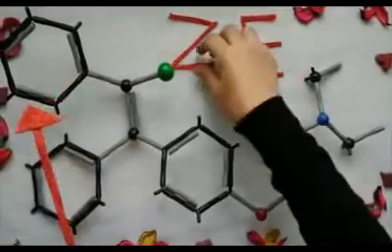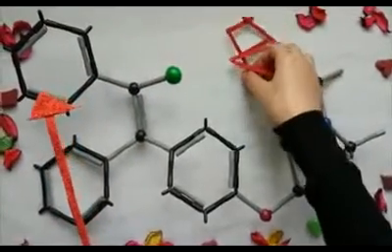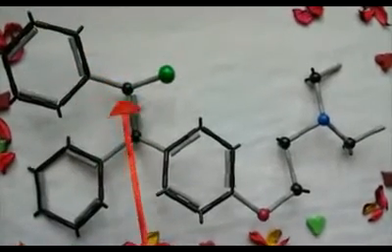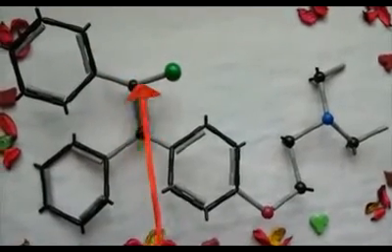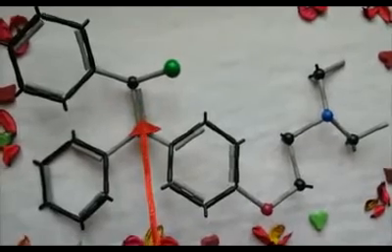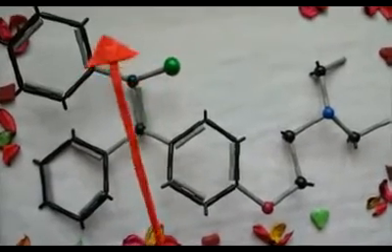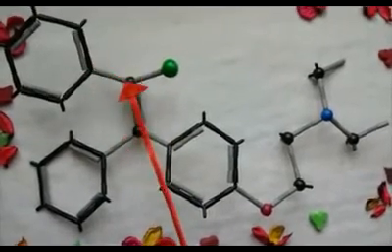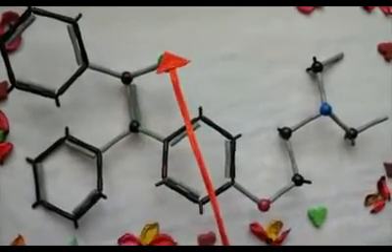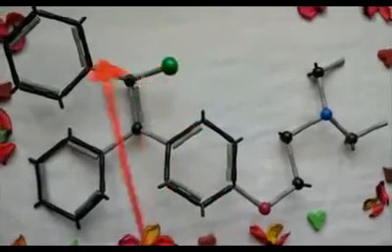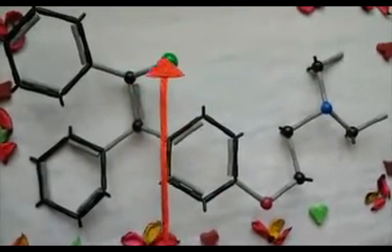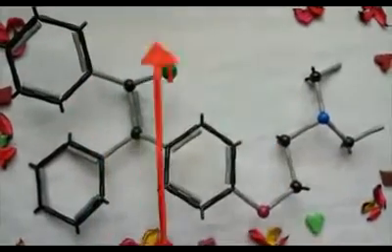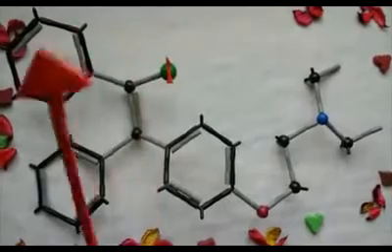Now, to know if it is cis or trans, the first step, we look at the two carbons that are bound to each other by the double bond. The second step, we compare the substituents on each carbon and take the one with the higher atomic number. On this carbon we take the fluorine and make it number 1 because it has the higher atomic number.